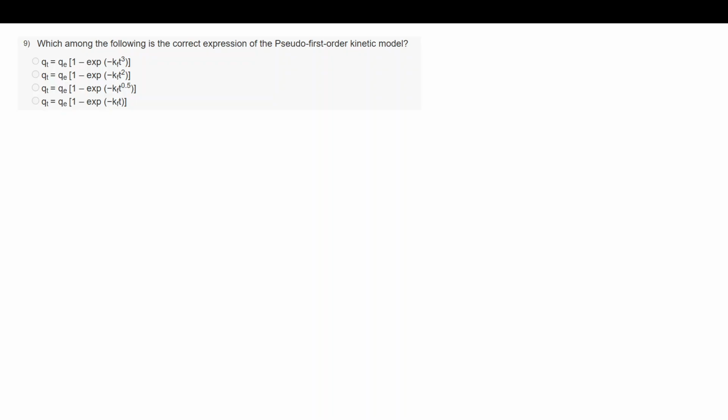Qt equals QE times 1 minus exponential of minus KF into t. Since it is first order, it is proportional to minus kt to the power 1, right? That would be the shortcut for you to remember.